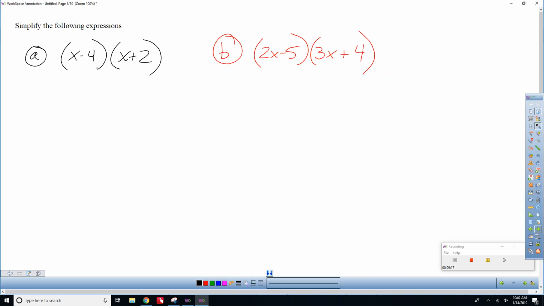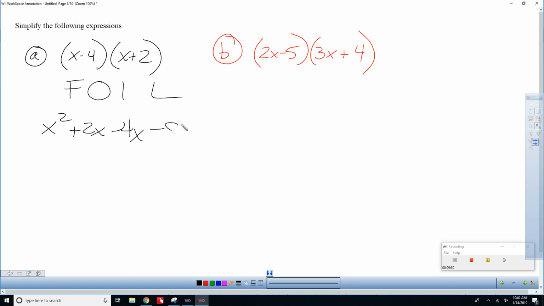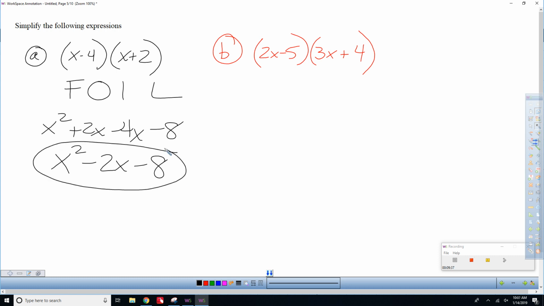All right. Some foiling practice. First, outside, inside, last: x squared, outside, plus 2x, inside, minus 4x, minus 8: x squared, minus 2x, minus 8. Okay?